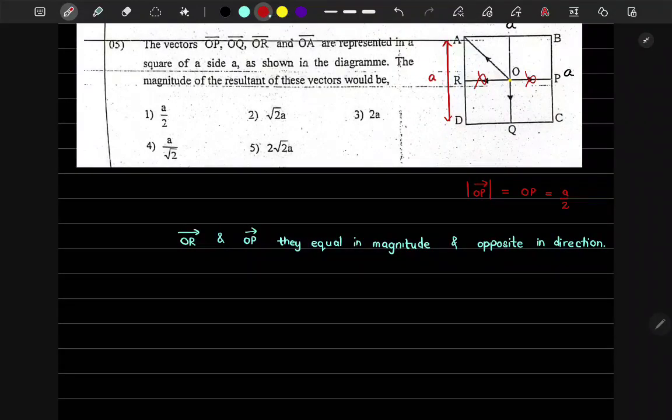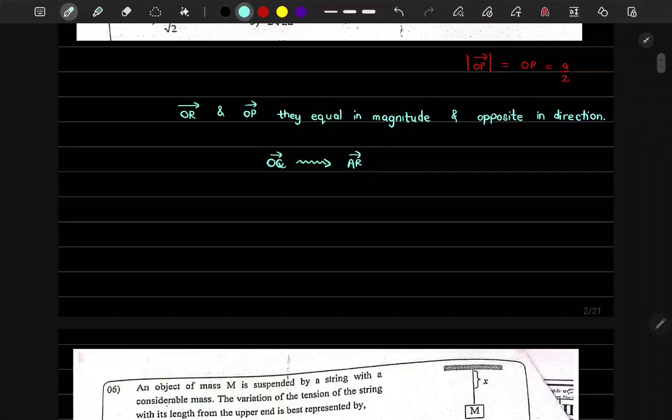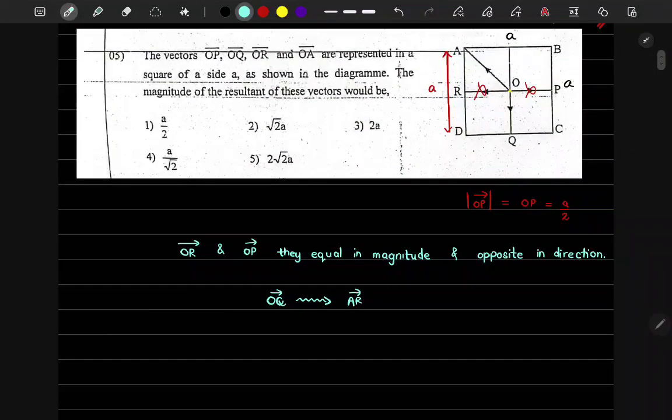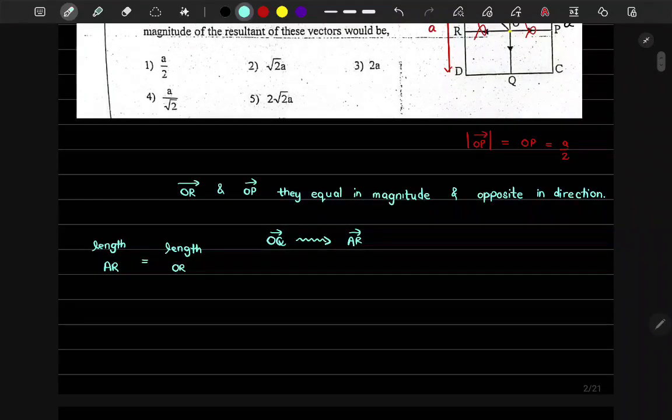Now if you consider vector OA, leave it as it is. If you consider vector OQ, what you can do is replace that vector by vector AR. How is it possible? The two vectors are equal. Why is it equal? The length of AR is equal to the length of OQ, and also the direction.